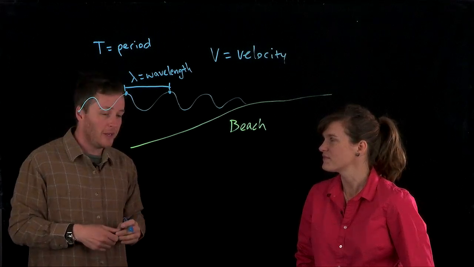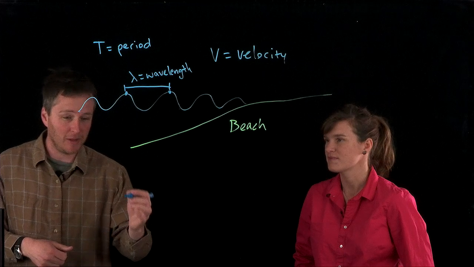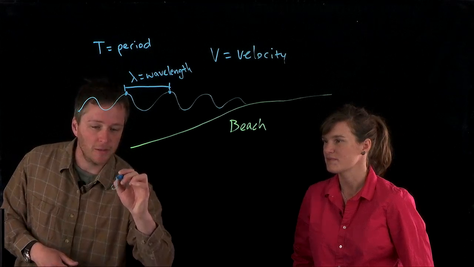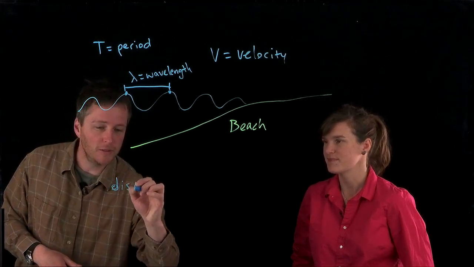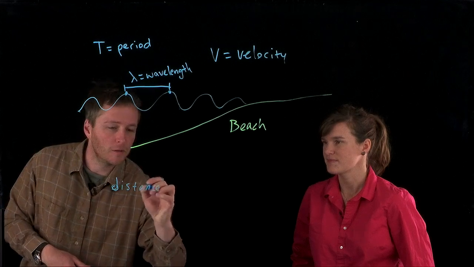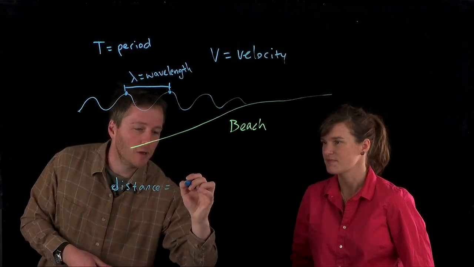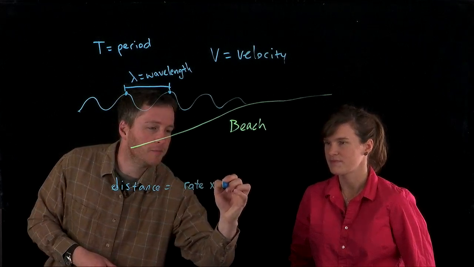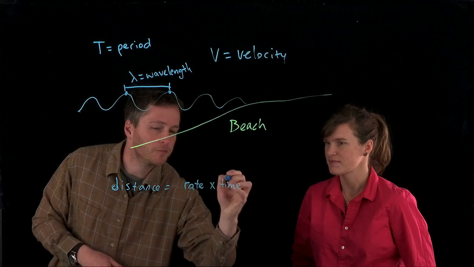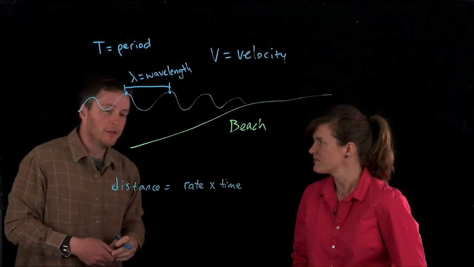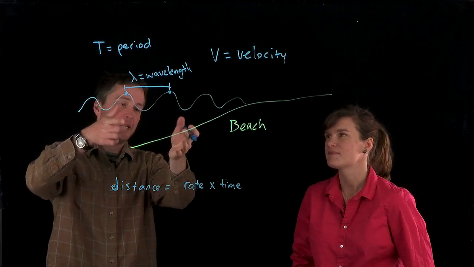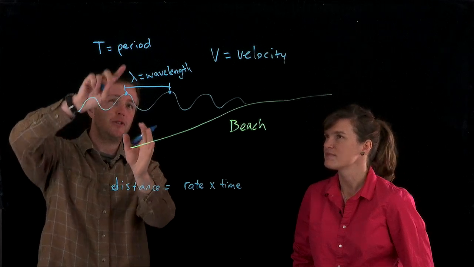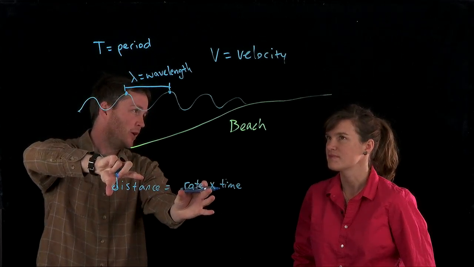But we remember from the rate equation that we had something like distance, and this was very generic: distance is equal to rate times time. We've looked at these properties, and we have our equation, so we need to associate these properties with the variables in the equation.